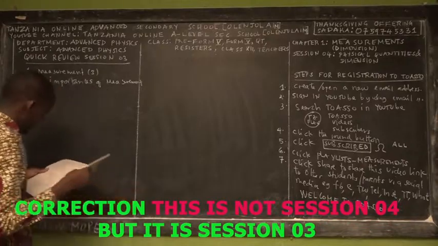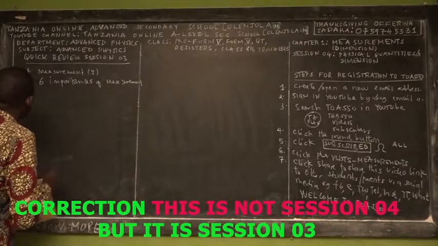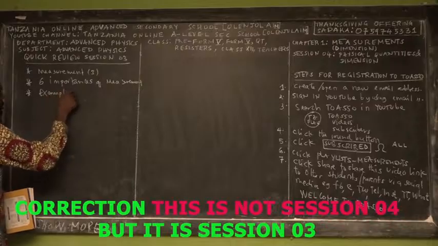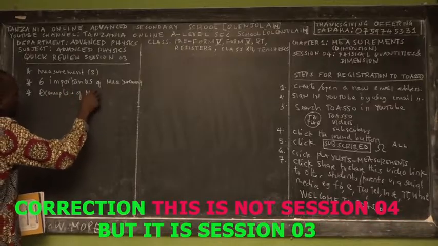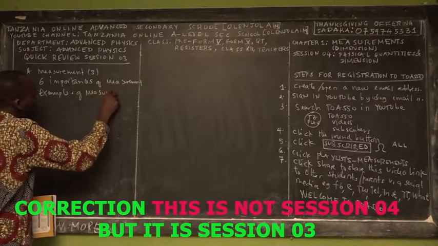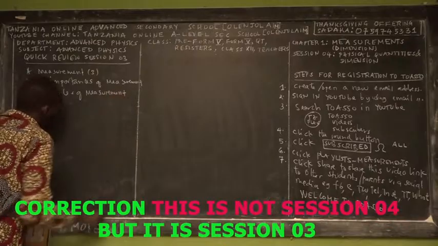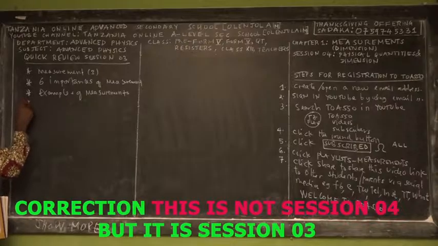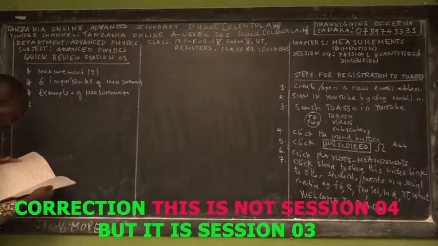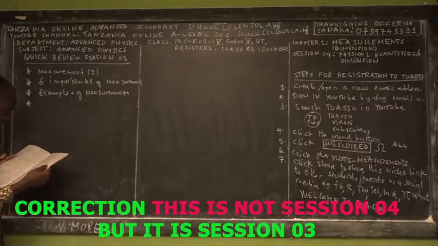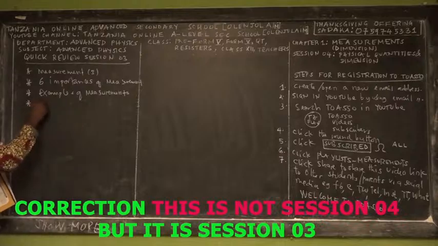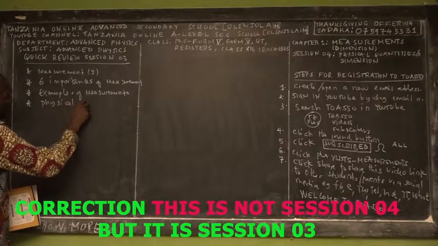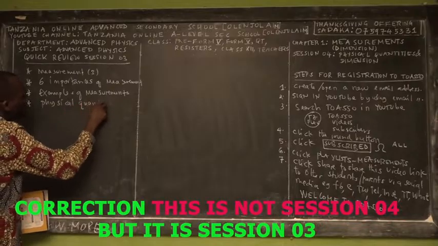Then I gave you examples of measurement, which means we can measure different physical quantities by using different instruments. Then we taught you about physical quantity. What is a physical quantity?